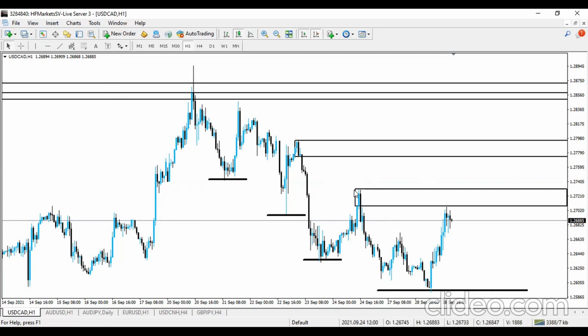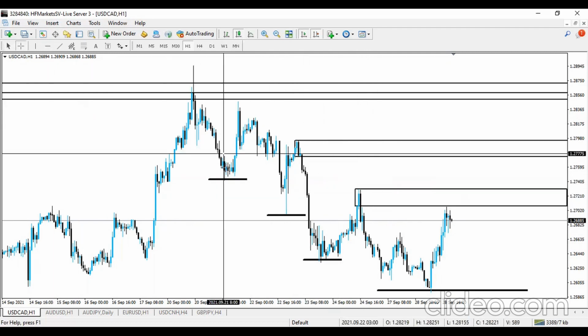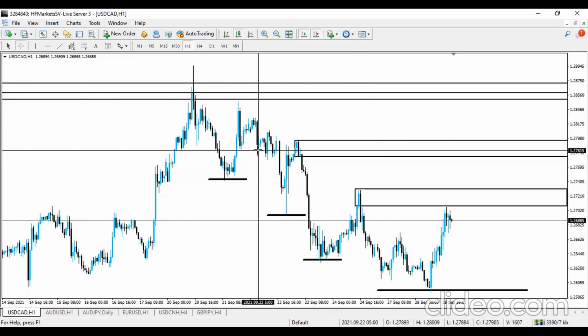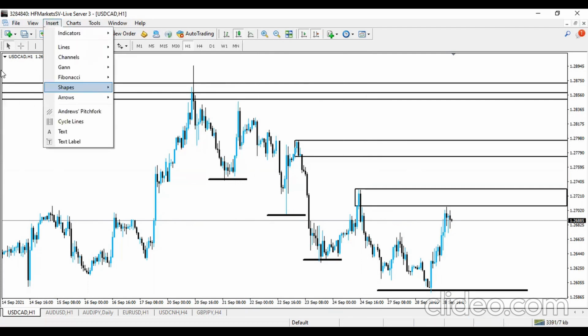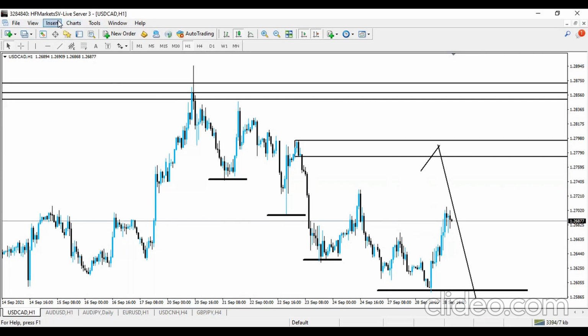But my overall sell that I'll be taking on USD CAD will be from this region right here. All I'm anticipating is that they should use this region as a point of liquidity, form a double top around this region, spike them out, then come back into this region and sell.